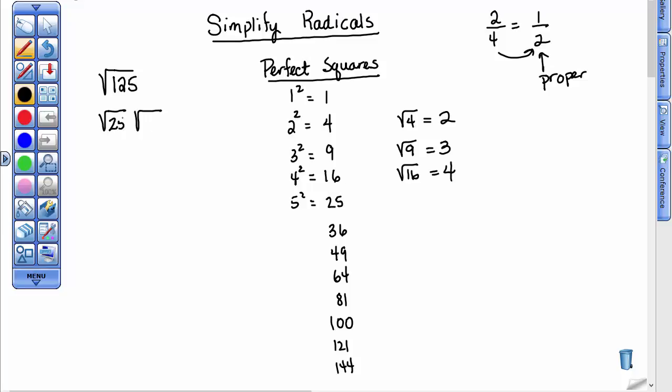If you took your calculator, 125 divided by 25 would be 5. And so now you can take this and simplify it, because you know the square root of 25 is 5. Bring down your square root of 5, and this is the reduced form, or the simplified form, of the given problem, the square root of 125. It's more proper to see it like this.